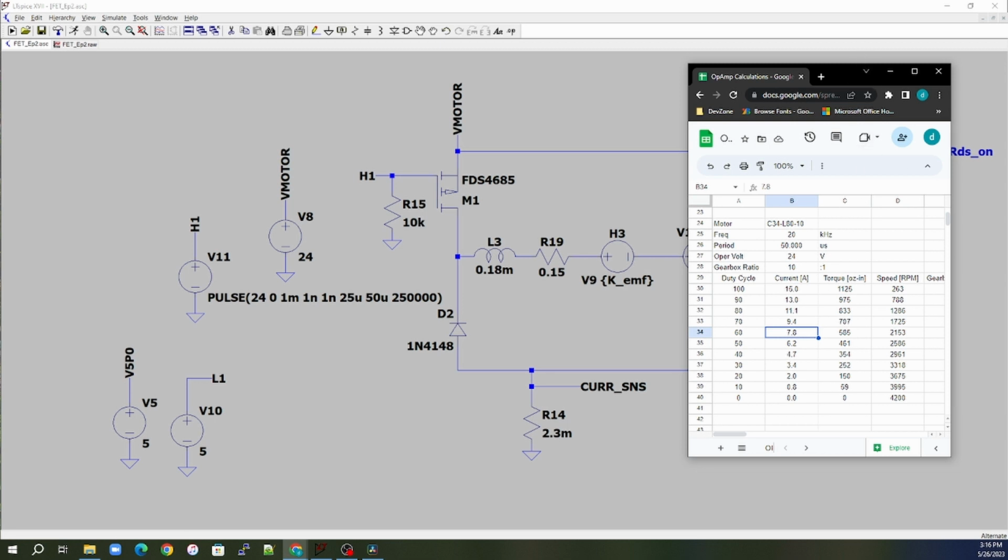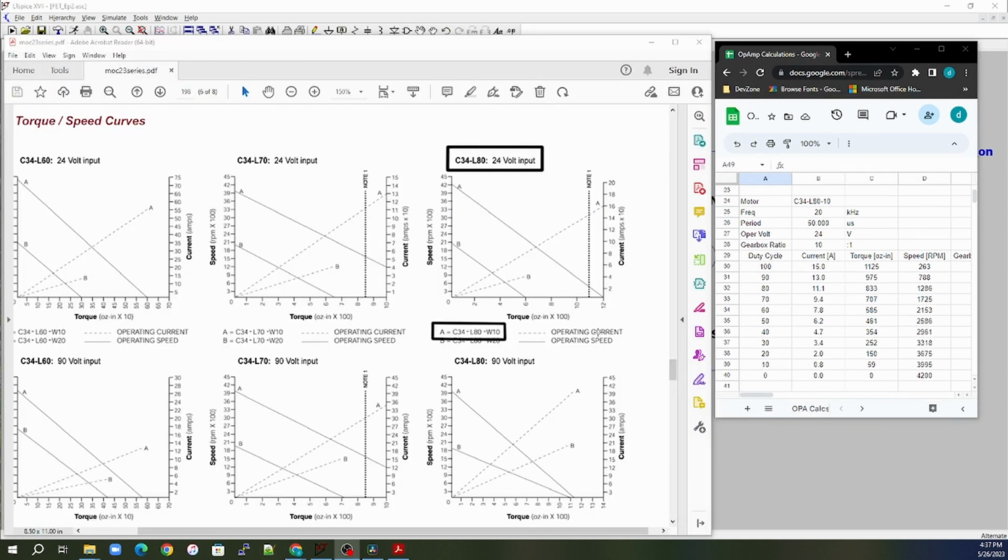Then what I did is use the data sheet. From the data sheet, we can see our motor, the C34L80, and the W10, which is the A line from the graph, that everything is related to torque on here. So we have speed versus torque, and we have current versus torque. So what did we do?